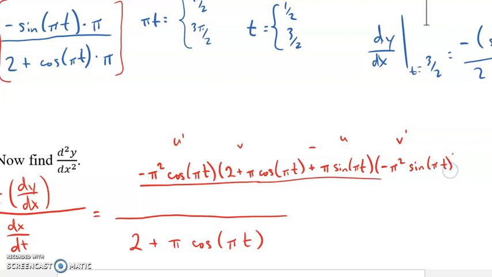All right, that is the numerator of the answer. The denominator is v squared, right? So we're going to do 2 plus cosine of pi t, and we'll square that whole thing. All right, well, notice that we're dividing by the same thing 3 times, right?